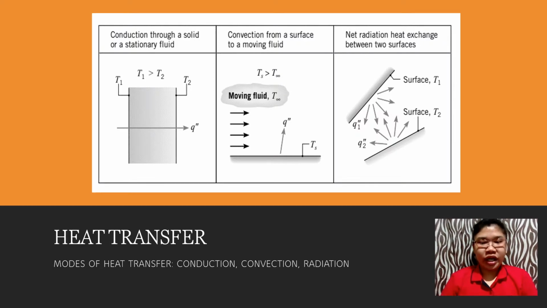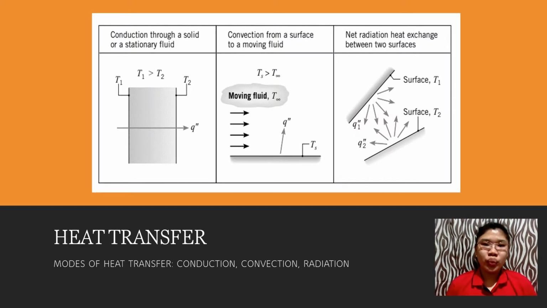We have here a photo showing the characteristics of conduction, convection, and radiation. First, we focus on conduction, the one in the first column: conduction through a solid or a stationary fluid. As shown in the figure, we have a temperature gradient, or change in temperature.